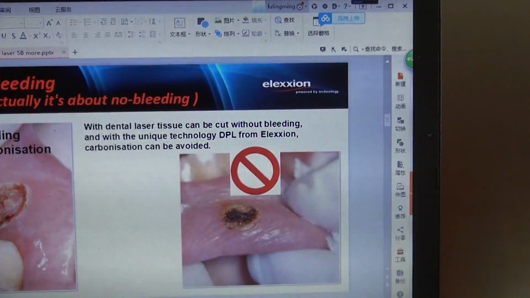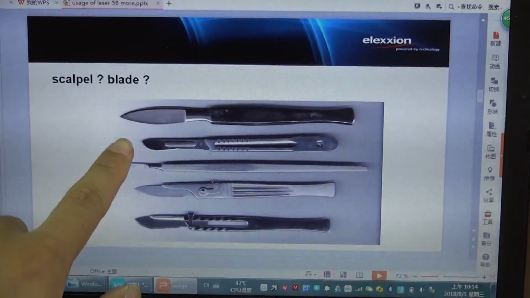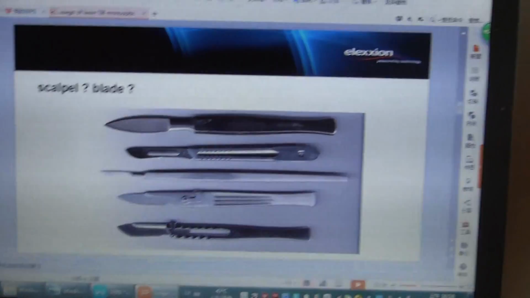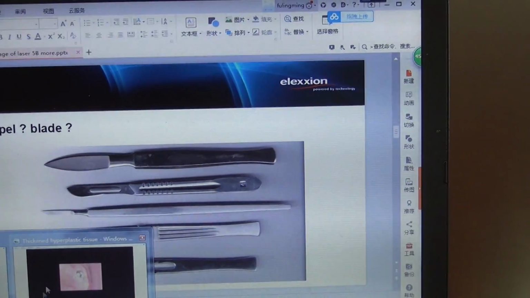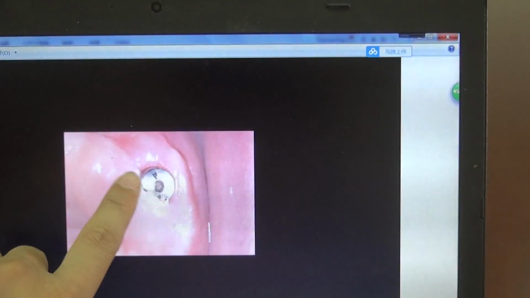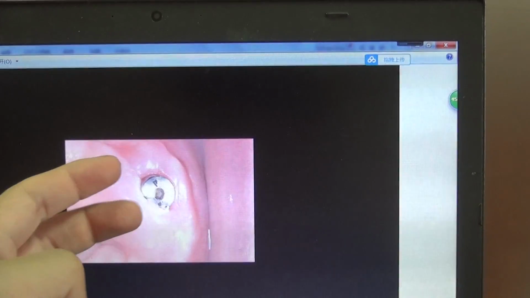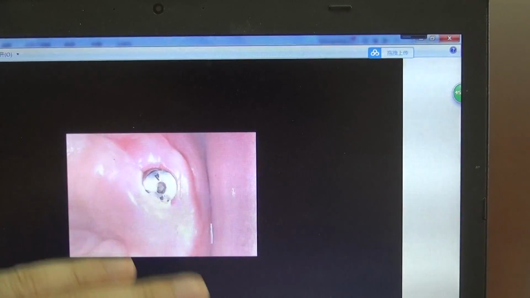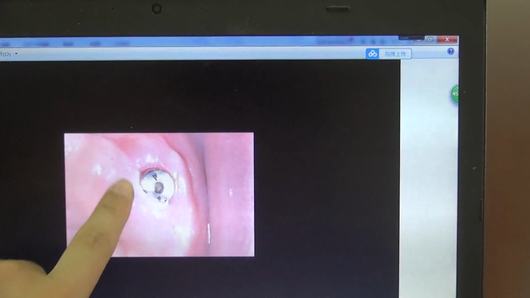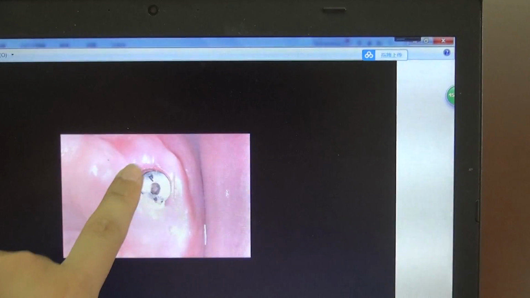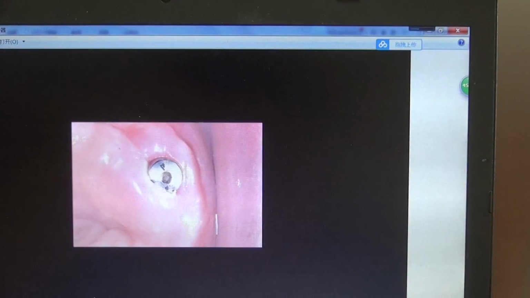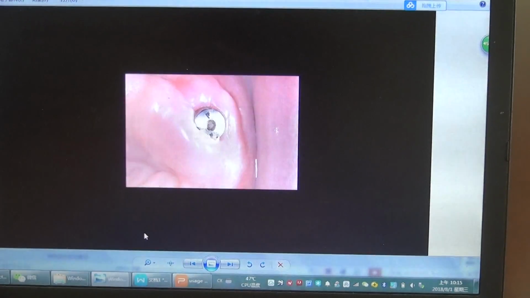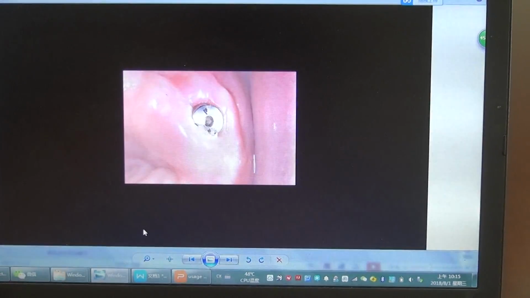In this case, the problem is not only the bleeding. Another problem is that all patients pay a lot of money for their implants, so nobody wants to scratch, destroy or hurt the implant. This small stuff is expensive. So in this case, the laser is better than other traditional tools.